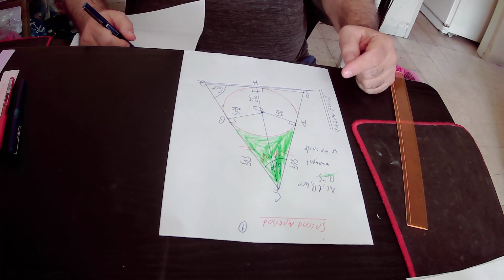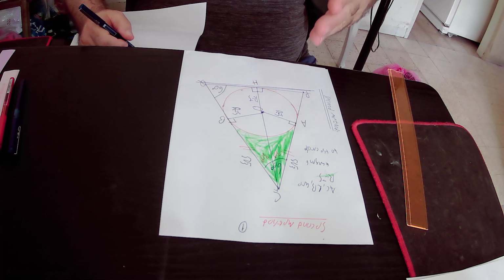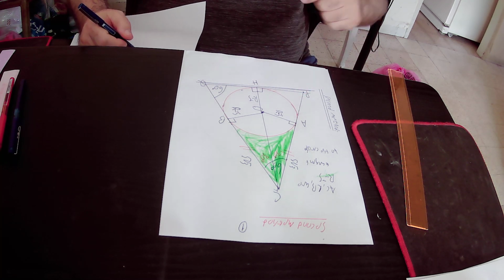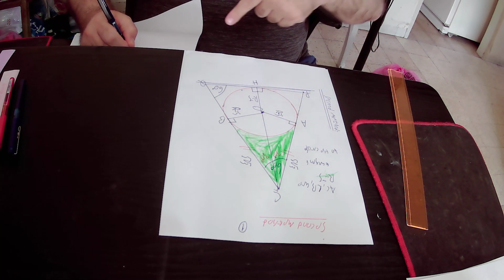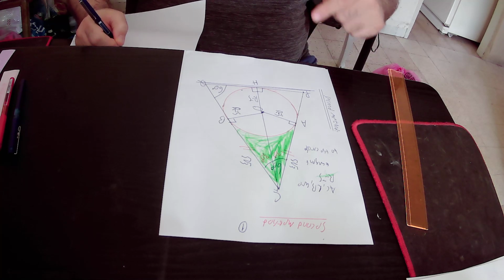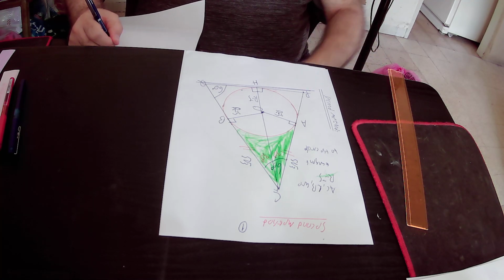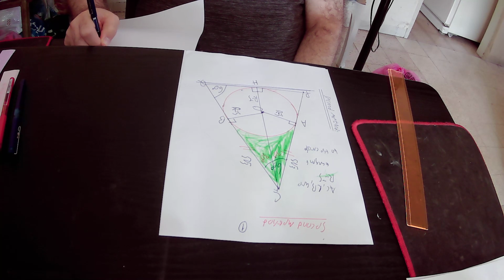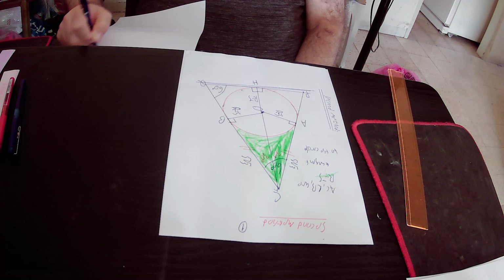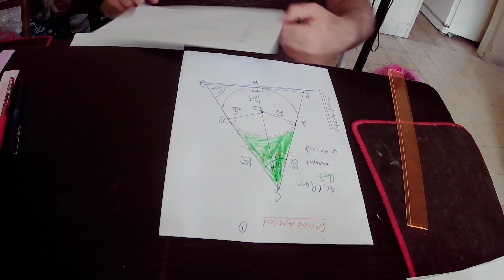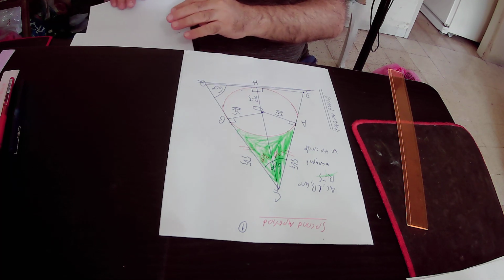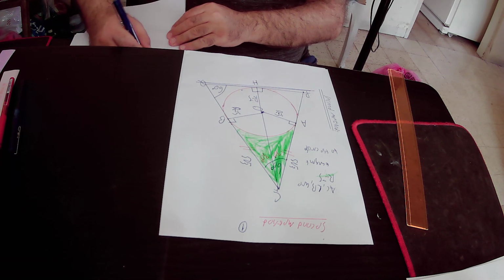Therefore, in triangle CHP, the sum of the angles must be equal to 180 degrees. So here we have 30 degrees plus 90 degrees plus the size of angle CPH must be equal to 180 degrees.